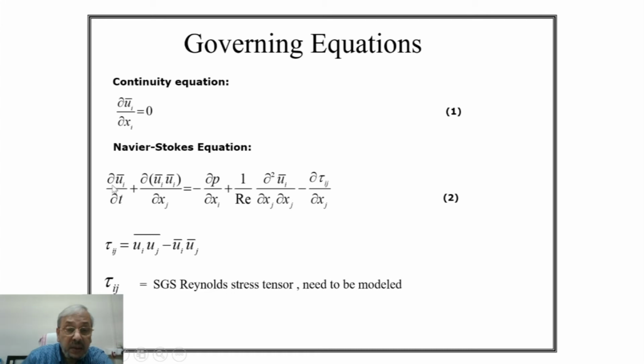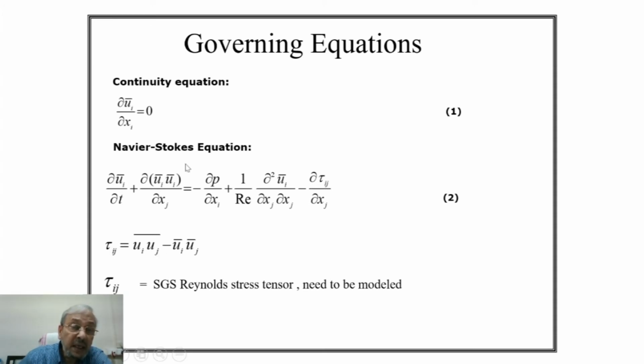Here you can see this part, if you exclude del xj of tau ij, is a kind of exact Navier-Stokes equations in full form. The only difference is each quantity is a filtered quantity, and whatever is unfiltered, that means tau ij.